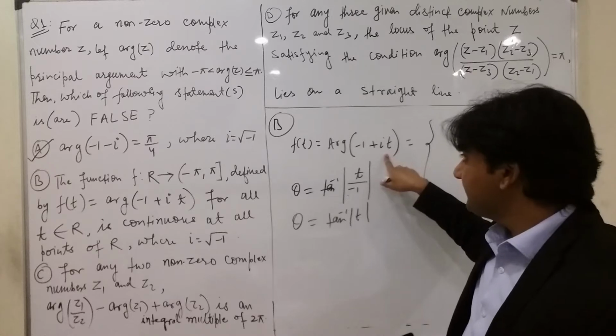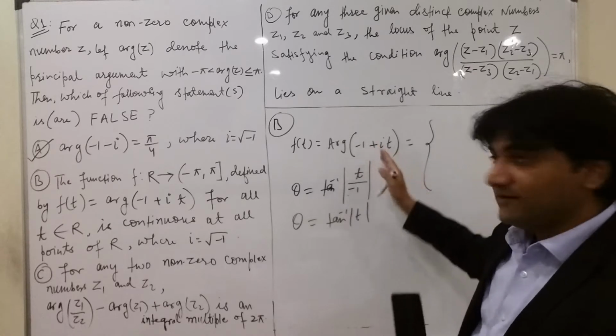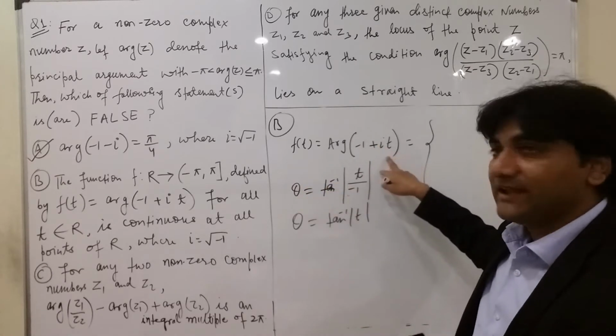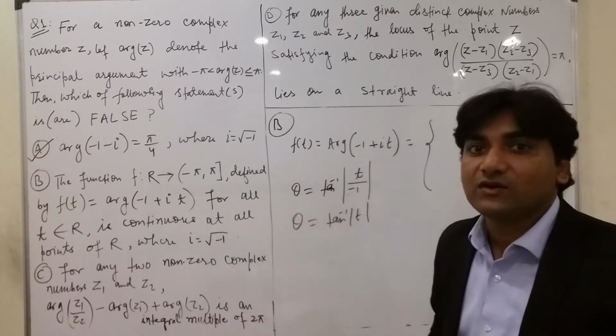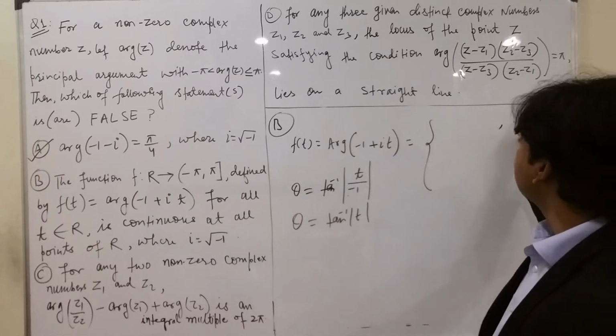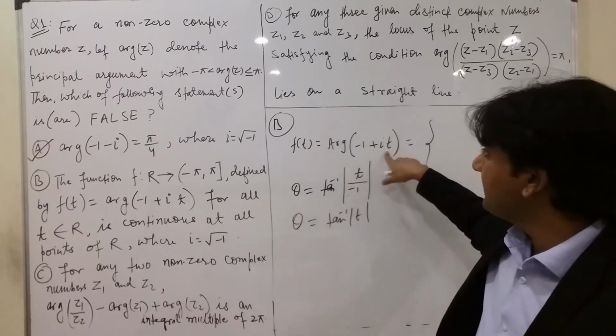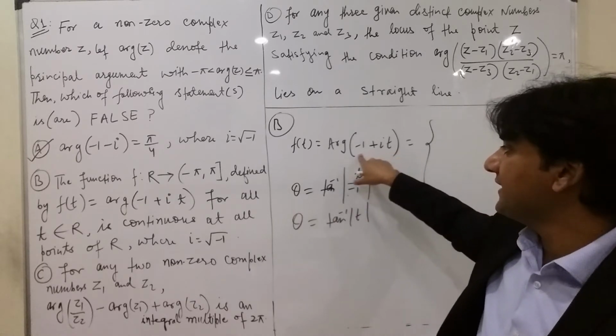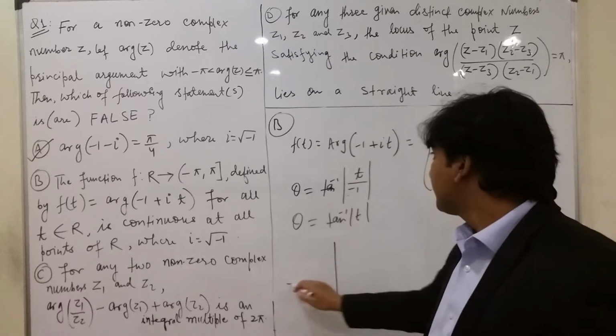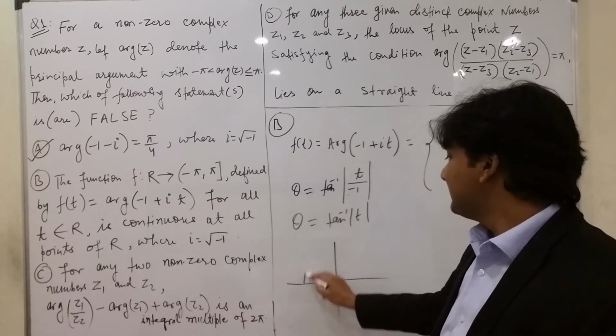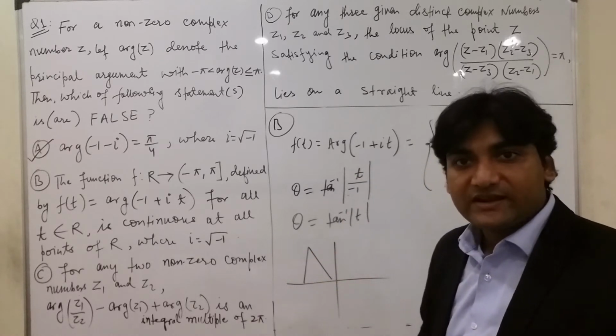When t is positive it will lie in one quadrant, and if t is negative it will lie in a different quadrant. First we consider when t is positive. Then y is positive and x is negative, so it lies in the second quadrant.